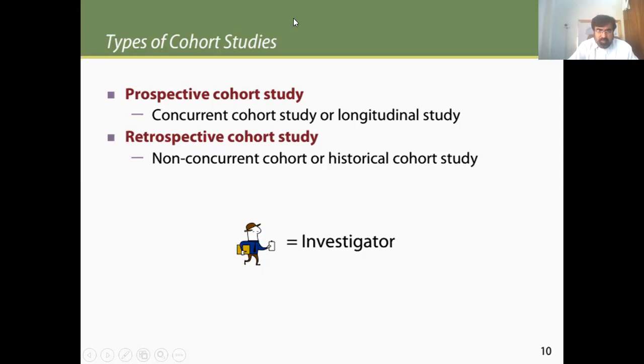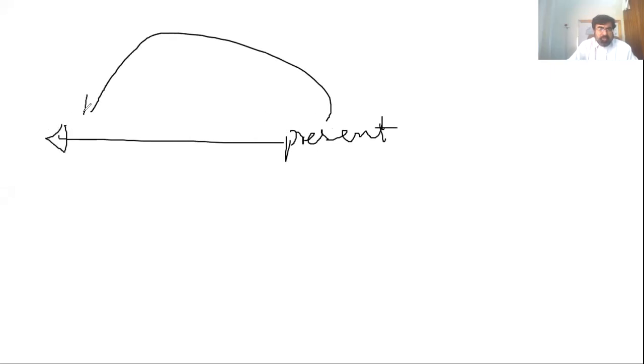The direction of retrospective cohort is like this. I'm going to explain it on the board. This is present, and you have to go retrospectively from present to past.